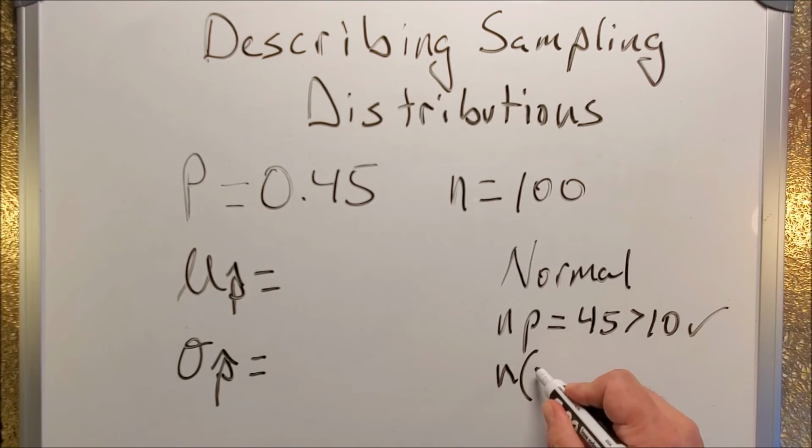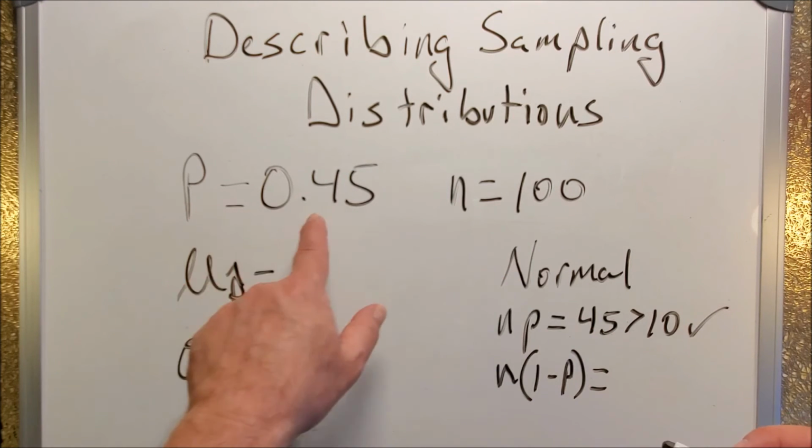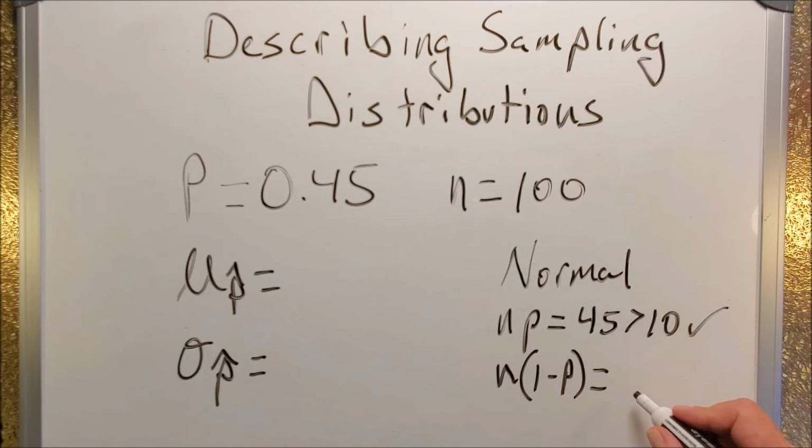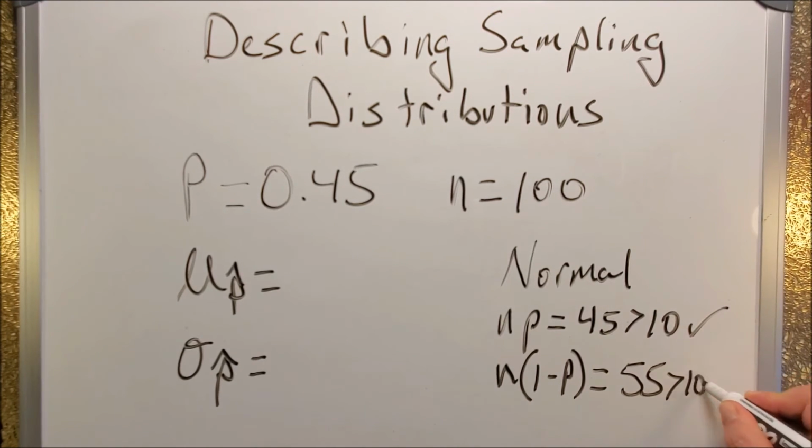I'm not going to take anything for granted, because I don't know about you, but when I'm taking a test, usually I'm capable of any mistake, no matter how silly. So even if I think it's obvious to myself, I'm going to multiply n times 1 minus 0.45, that's 0.55, and I get 55, which you got to trust me, I did on paper before I started the camera again. So I see that that's greater than 10, and I'm all set.